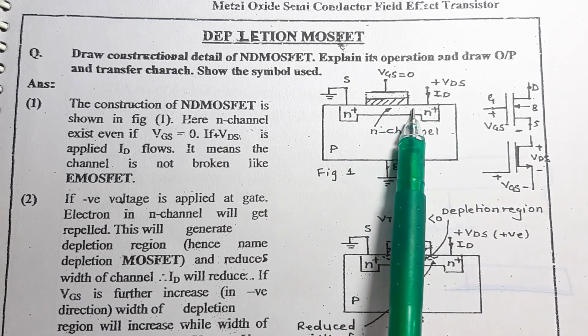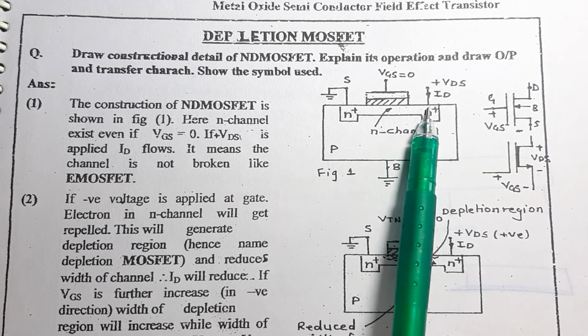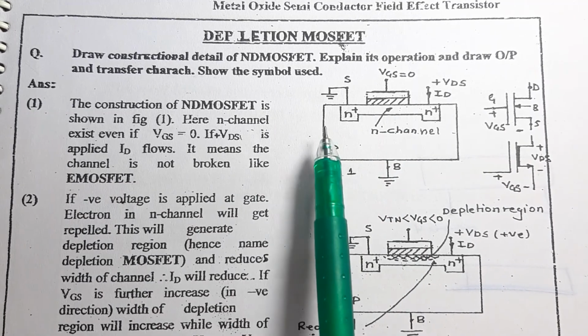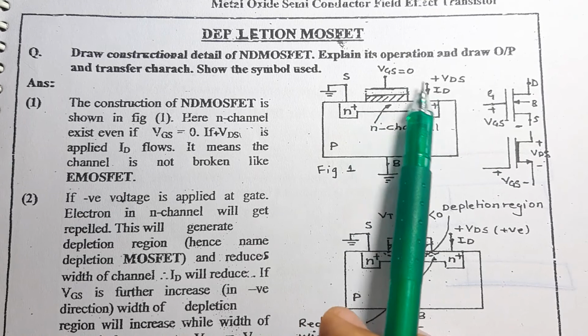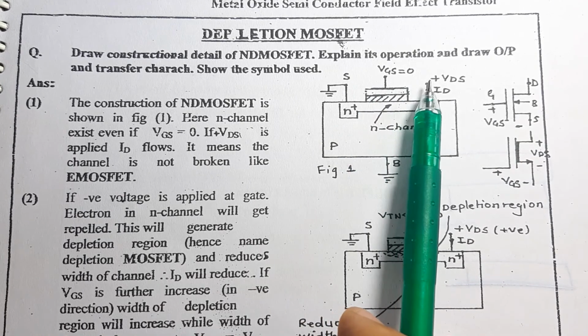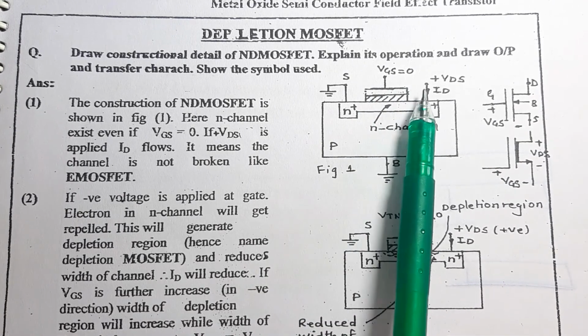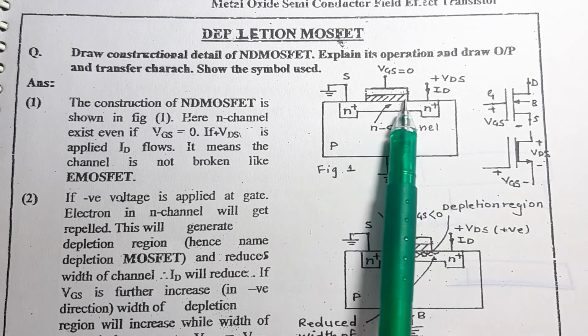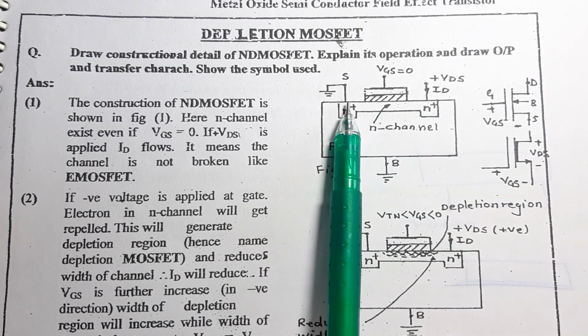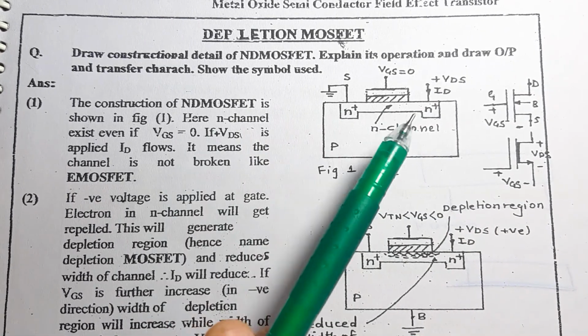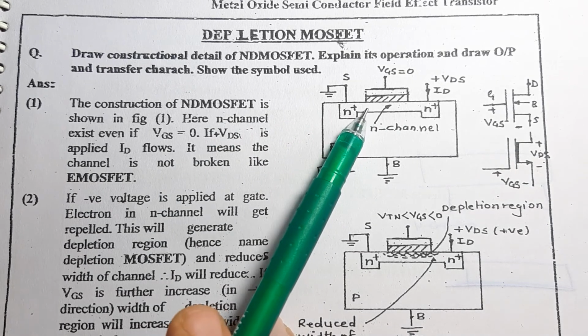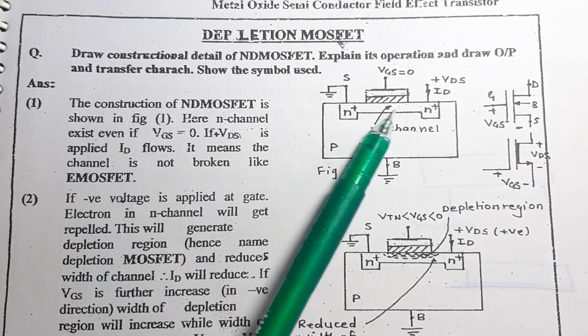Here the N channel is already formed, whereas there we had to create it by applying certain voltage and keeping a difference between the gate and drain voltage, so that a channel is formed, then VDS is applied so that there is movement of electrons. So yes, here you have the N channel already. Now what is that? Let's see.